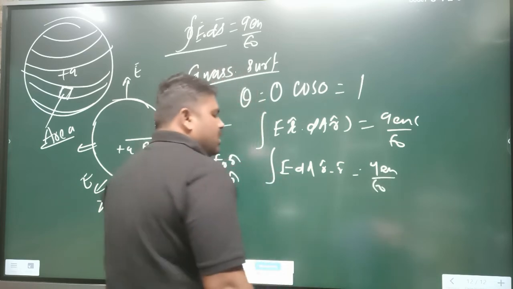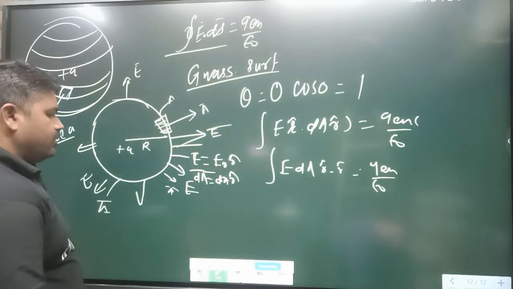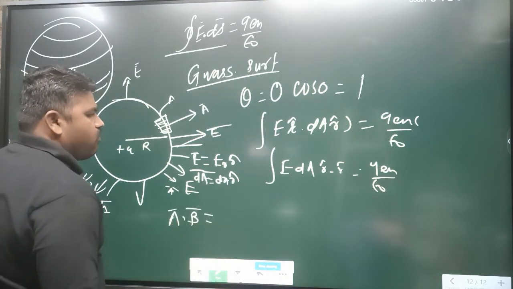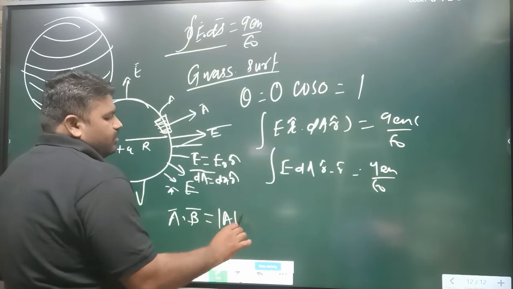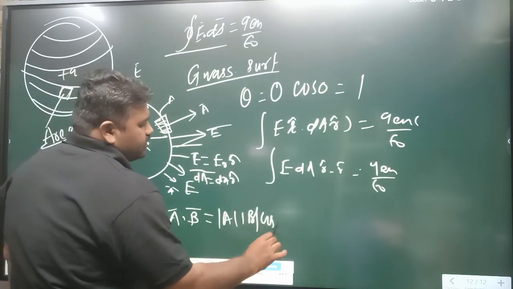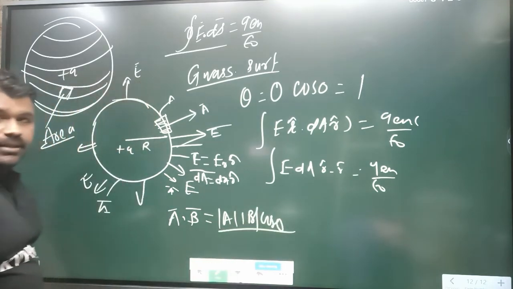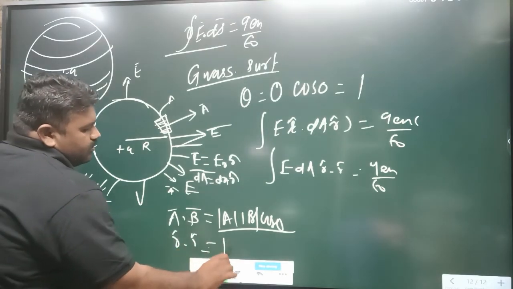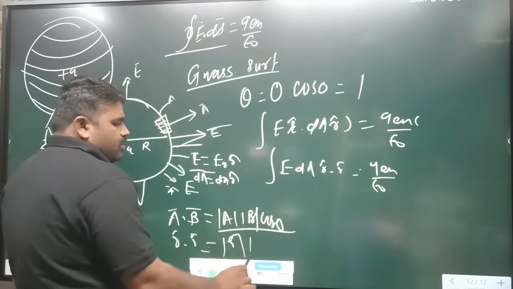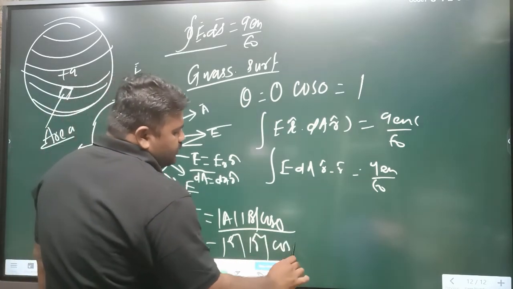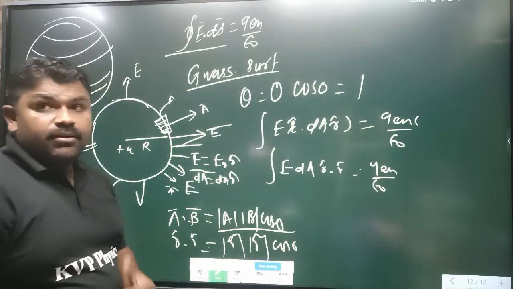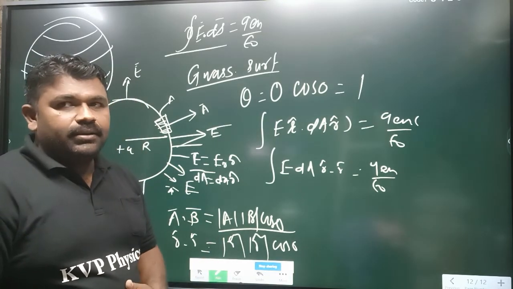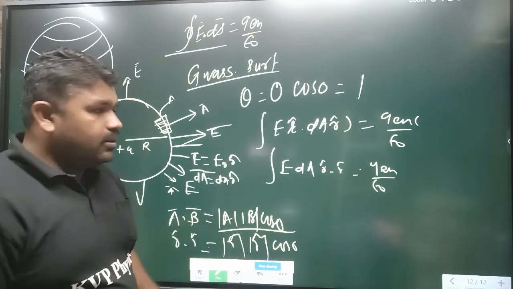A bar dot B bar is equal to mod A mod B cos theta. So r cap dot r cap is equal to mod r cap mod r cap cos 0. The magnitude of a unit vector is 1. Yes or no?